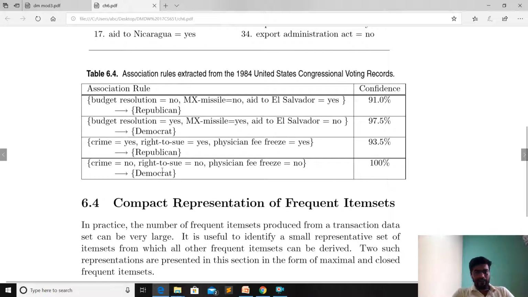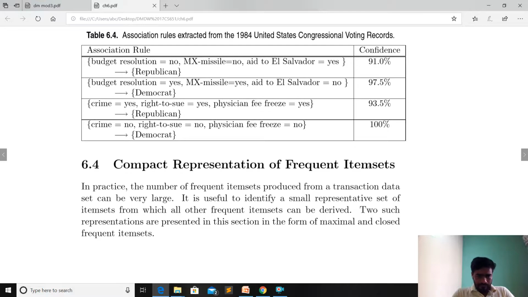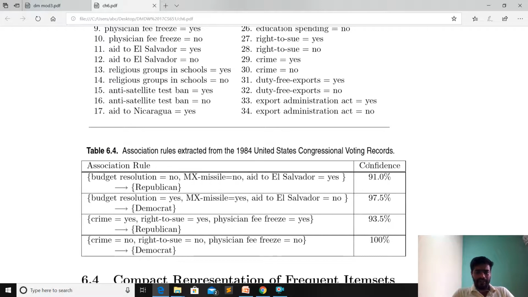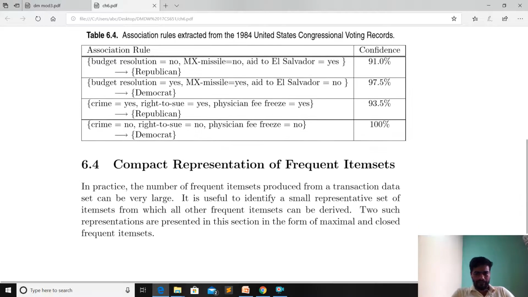Crime no, right to sue no, physician fee freeze no, belong to Democrat with a confidence of 100%. This is an example where we used a machine learning algorithm to calculate the confidence, and based on that we can find out which are the low confidence and high confidence rules.